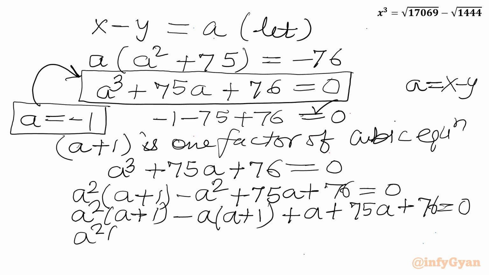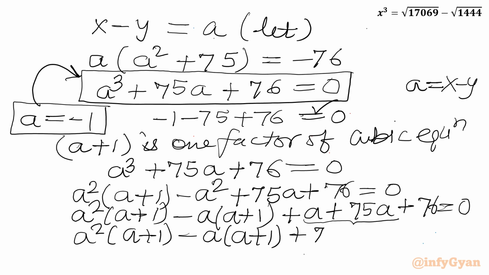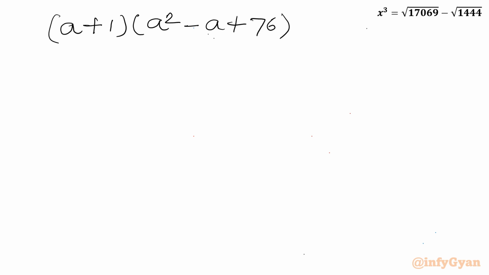Or I can write A square times A plus 1 minus A times A plus 1, plus these two will be 76A. So let us take 76 common, A plus 1 equal to 0. Now we can take A plus 1 common. So it will become A plus 1 times A square minus A plus 76 equal to 0.